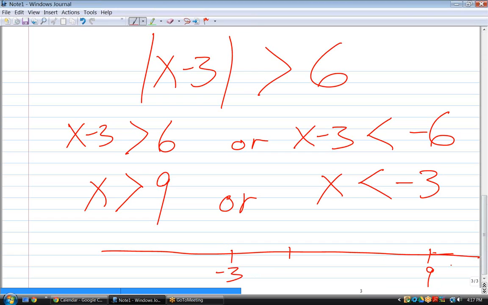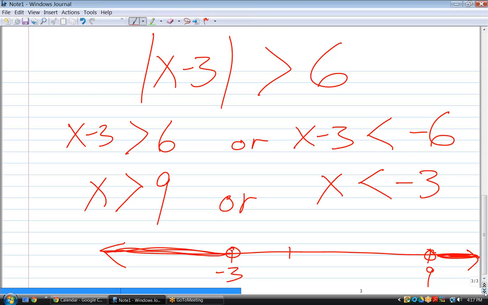So my graph would be open circle, solid going to the right, open circle, solid going to the left. That's how I would graph. The absolute value of x minus 3 is greater than 6. Okay? Notice there's no y anywhere.